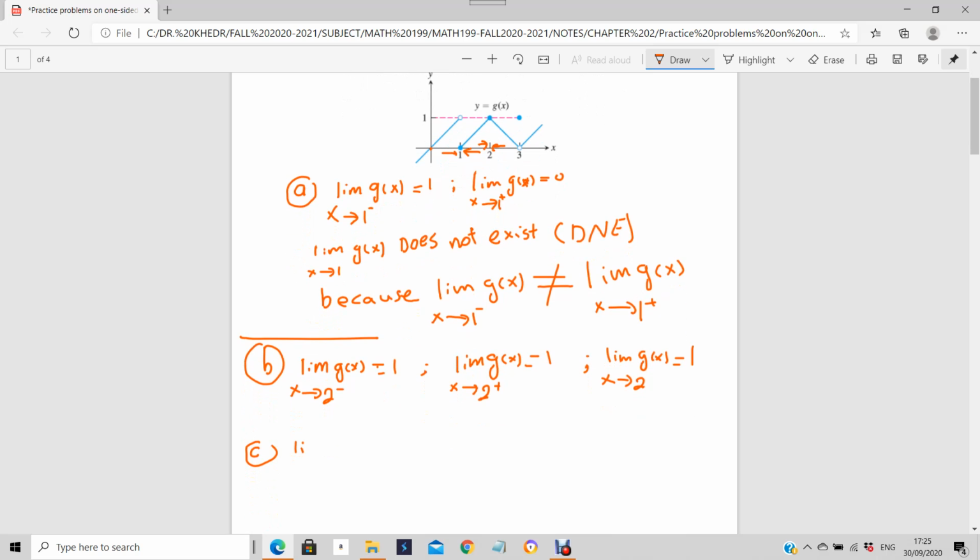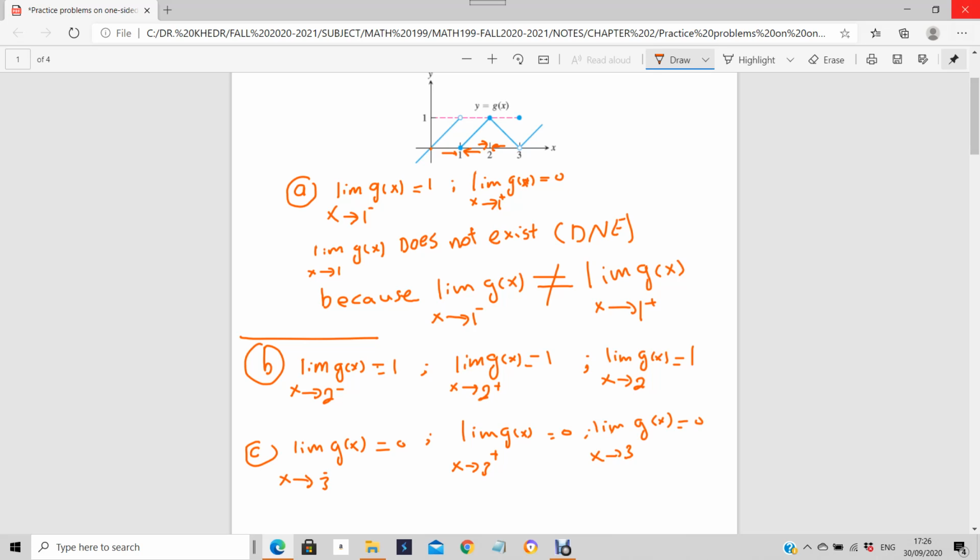The lim g of x as x goes to 3 from the left side is equivalent to 0, and also the lim g of x as x goes to 3 from the right side is also 0. Hence, lim g of x as x goes to 3 is equivalent also to 0.